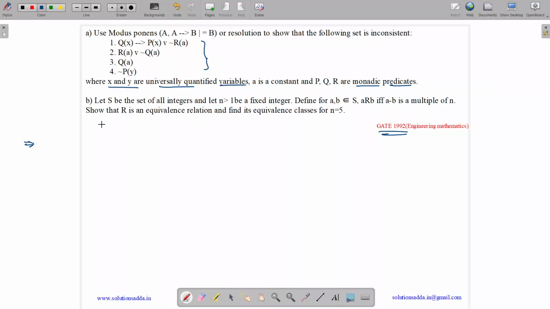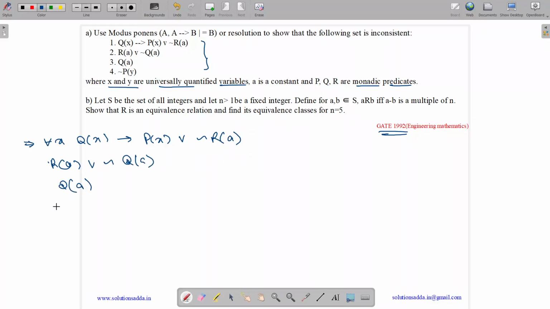Since x and y are universally quantified variables, we can rewrite the first statement as for all x, q(x) implies p(x) or negation of r(a), and we can write the second statement as r(a) or negation of q(a).